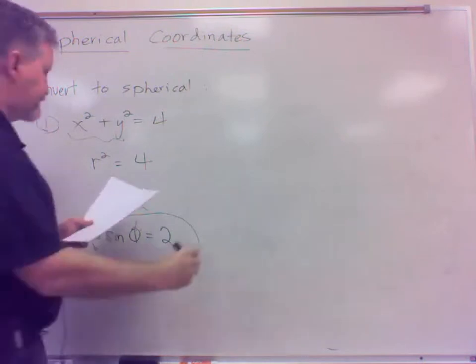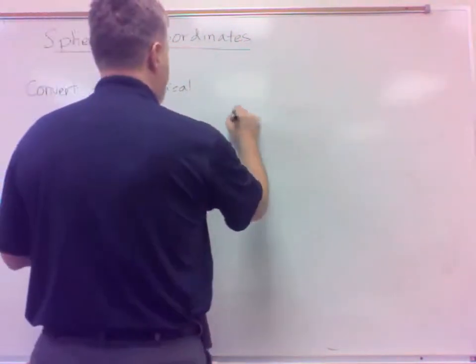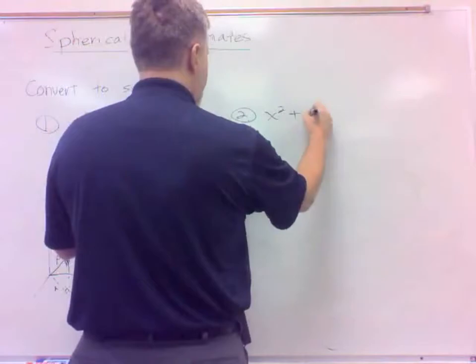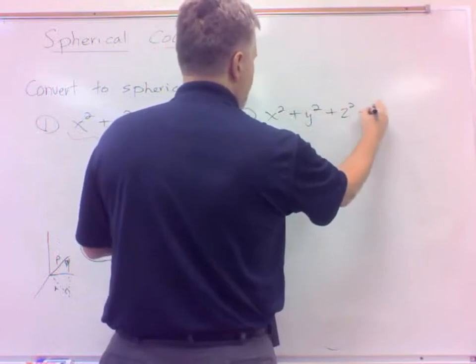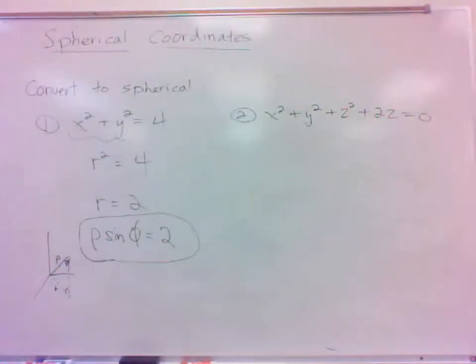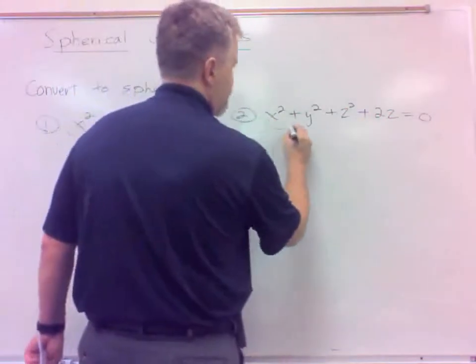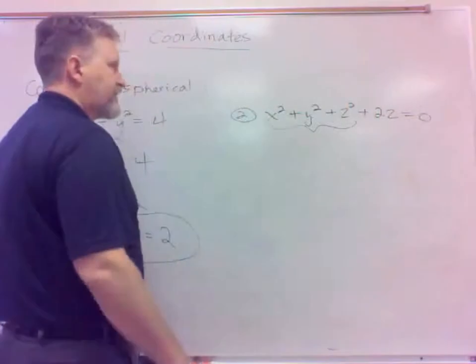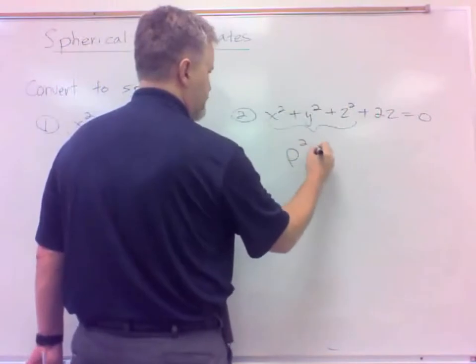Okay. What about x squared plus y squared plus z squared plus 2z equals 0? What would that look like in spherical coordinates? Well, again, you're looking for these things. X squared plus y squared plus z squared, we know that's rho squared, which is spherical.